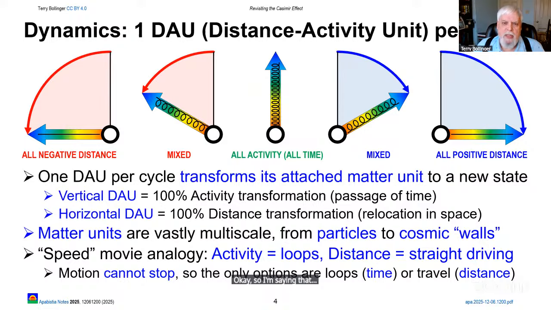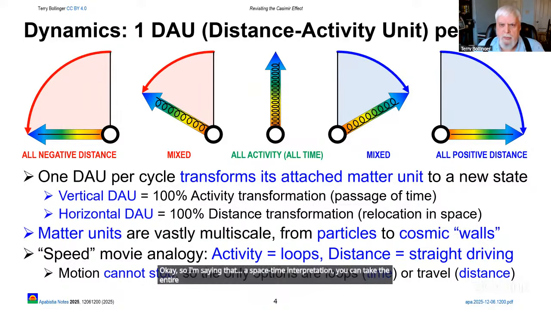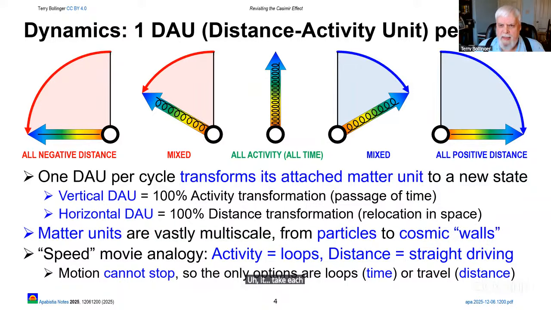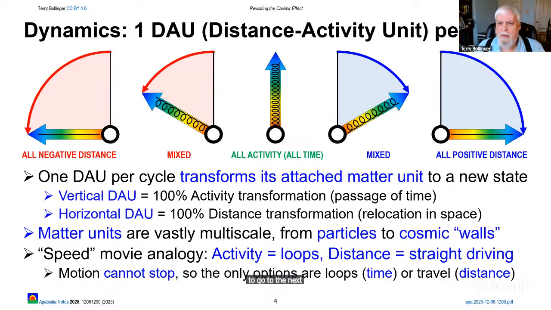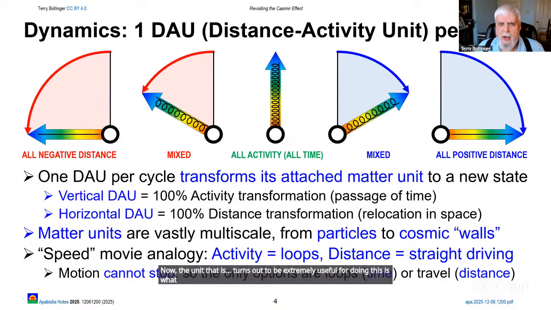In a space-time interpretation, you can take the entire universe, take each piece of it as an existing state of the universe, and then you have some kind of operators that you apply to that to go to the next iteration of the universe. Now, the unit that turns out to be extremely useful for doing this is what I call a distance activity unit.